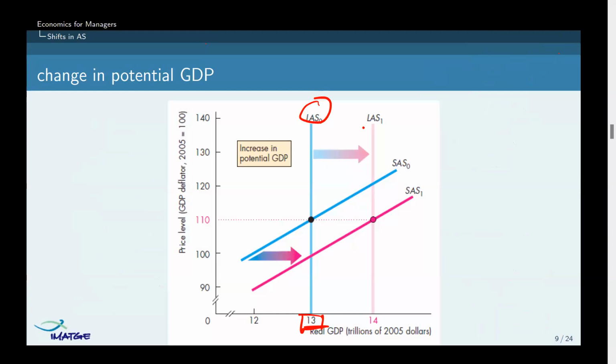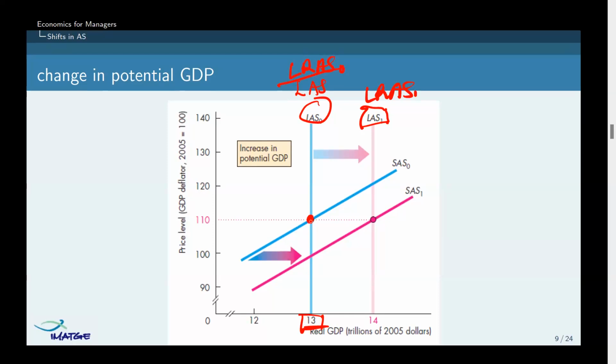But following an increase in education levels or human capital investments, now people are more productive. The long run aggregate supply, in your textbook they call it LAS, but you can call it LRAS, the long run aggregate supply curve, will shift to the right, to LRAS 1 from LRAS 0.